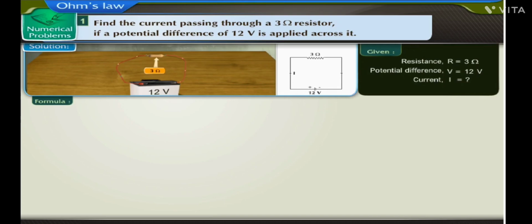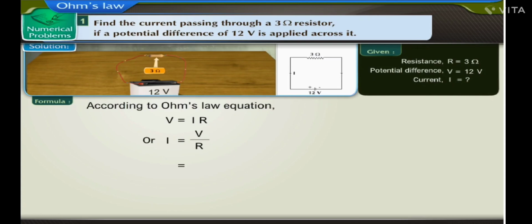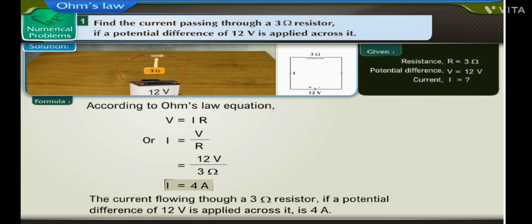Formula. According to Ohm's law, we have V is equal to IR. I is equal to V upon R is equal to 12 volt upon 3 ohm, which is equal to 4 ampere. Hence, the current flowing through a 3 ohm resistor, if a potential difference of 12 volt is applied across it, is 4 ampere.